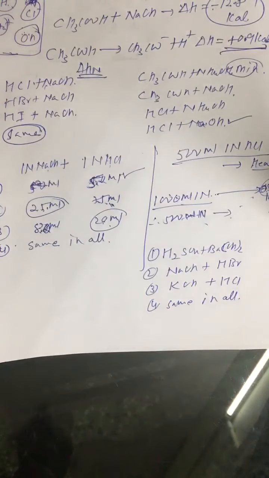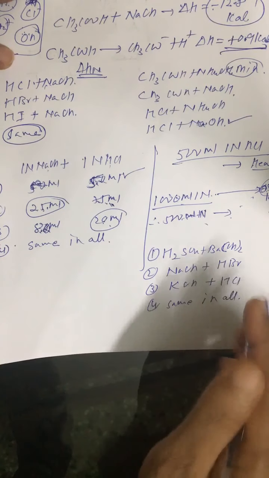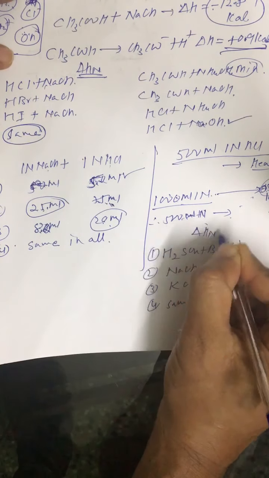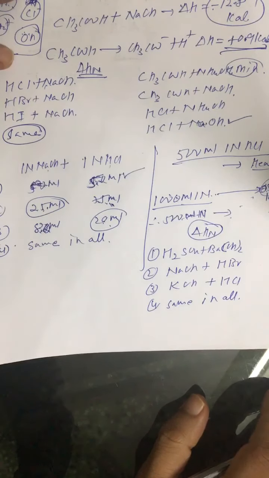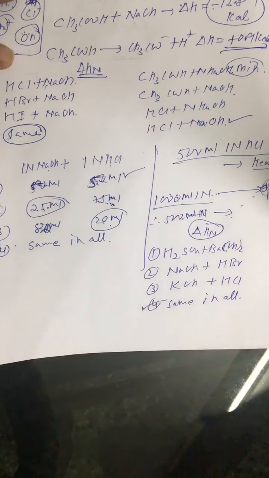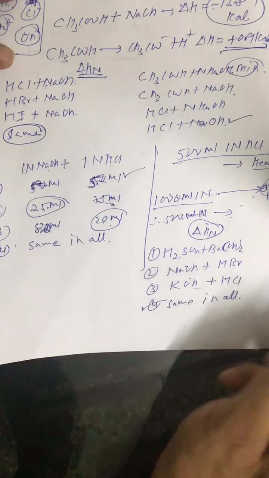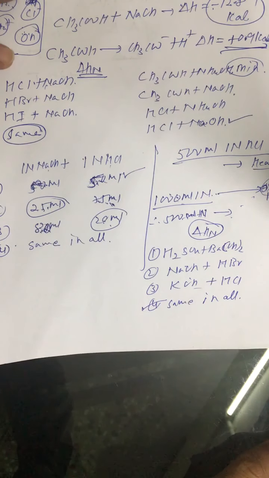The question is, out of these three, in which case is the heat of neutralization, delta Hn, maximum? The answer is it is the same in all the cases, because delta Hn for strong acids and strong bases is always constant. So the correct answer is the fourth option, delta Hn is constant.